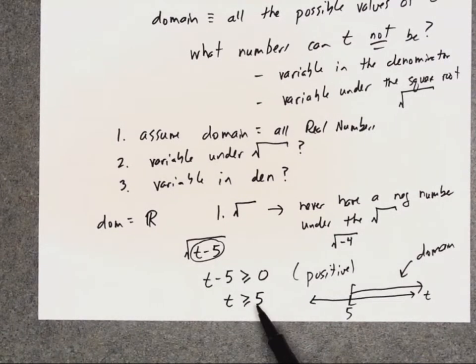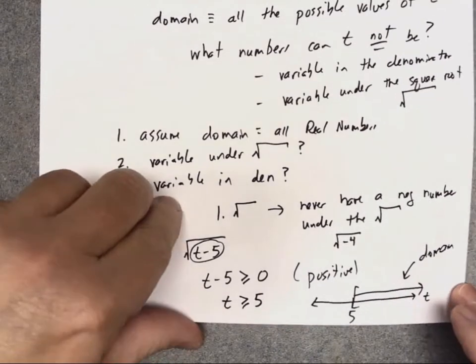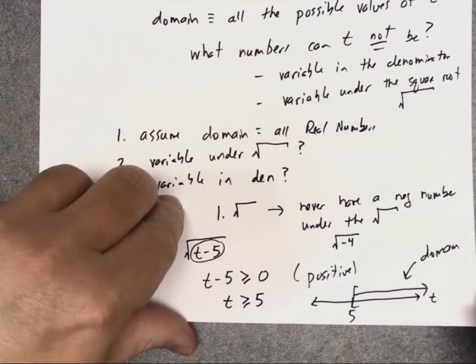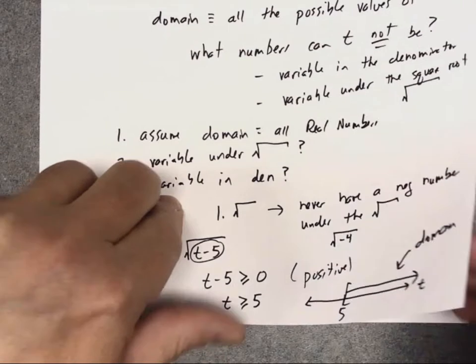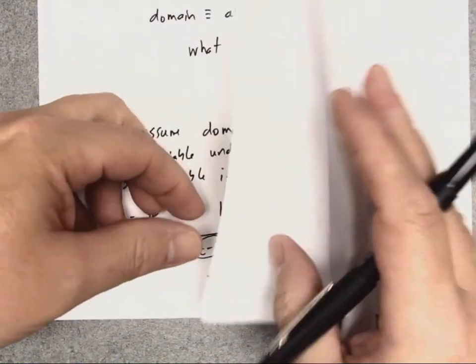So this is a way to be sure that I never have any negative numbers under the square root sign. So the first thing I have now checked out is having a variable under the square root. So let me write my conclusion here, because now I have to check out the other situation.